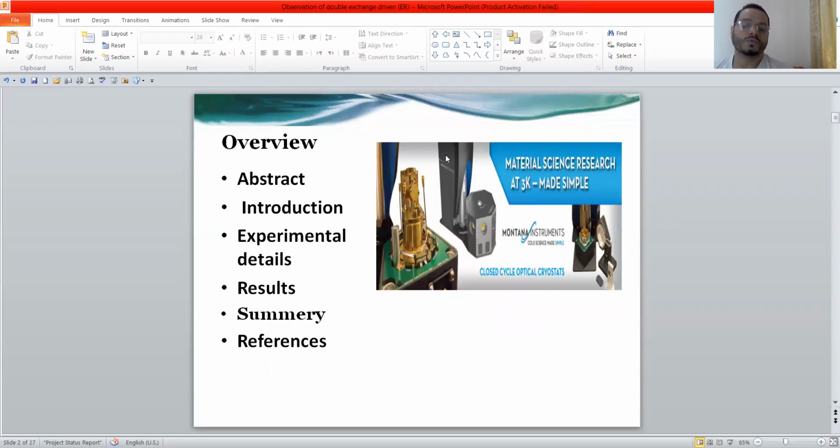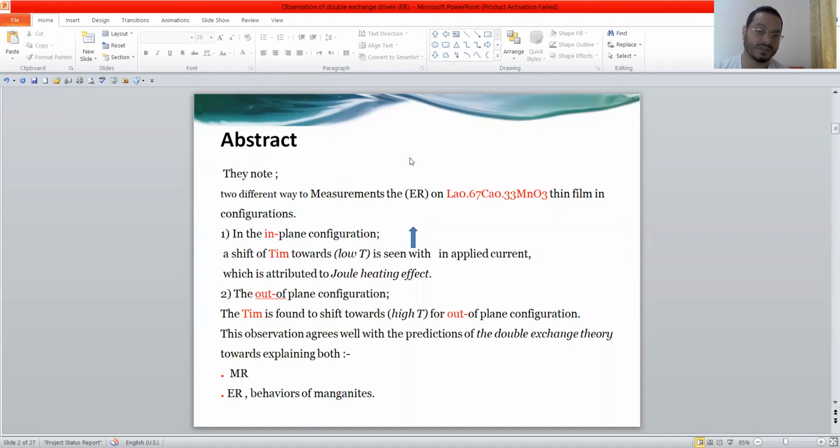The overview will be started from abstract and finished with reference, and we will talk about the summary by using summary ideas or simple ideas in abstract and introduction, and after that go ahead to details and experimental details and result, and we will do simple summary to all of this article.